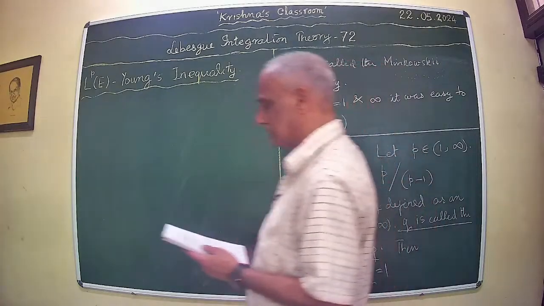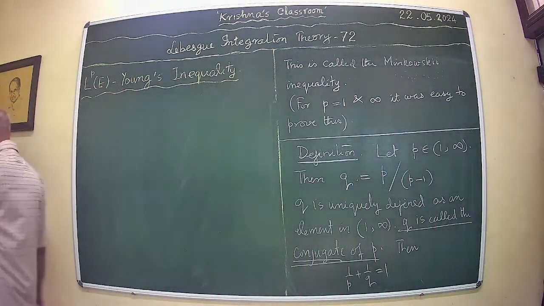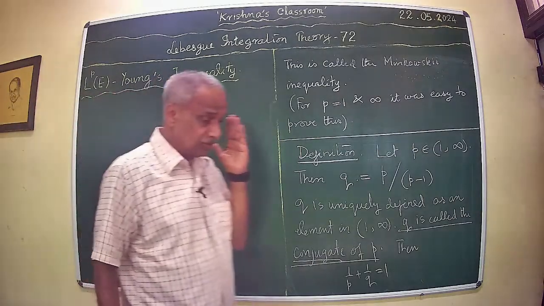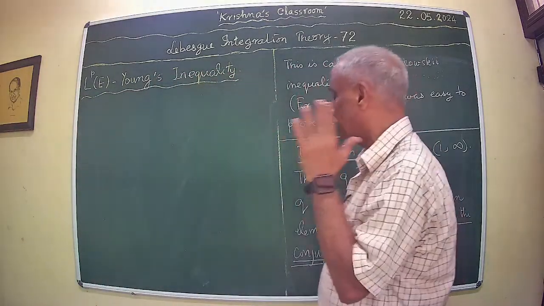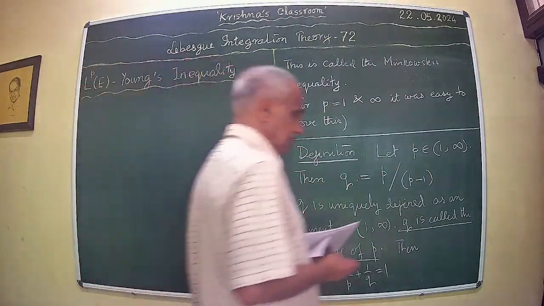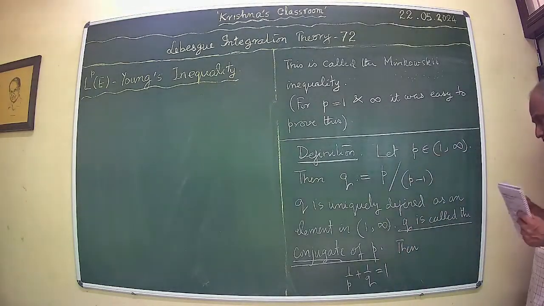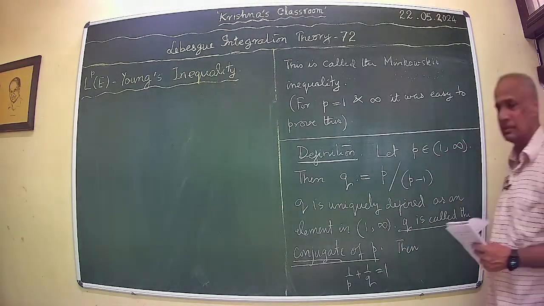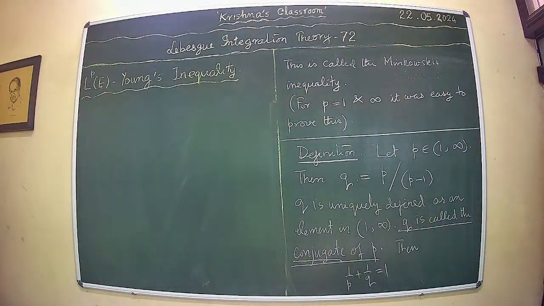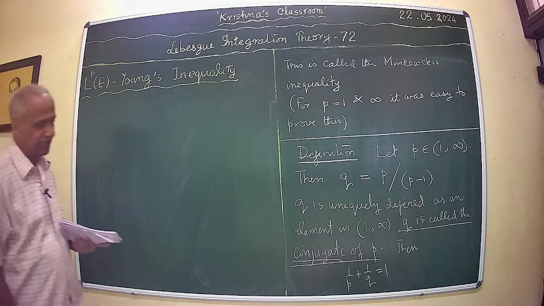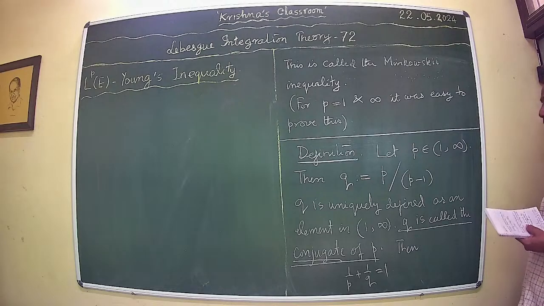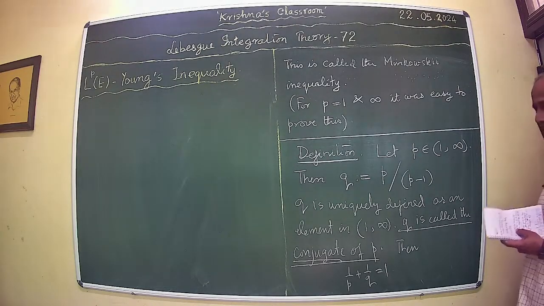Like these LP spaces are very fascinating. Our objective is something different. Our objective is the following. We want to prove that LP is a normed space. Okay, that's our objective, right? And then what we do is we go further and show that it is of course a metric space. Obviously, every normed linear space is a metric space. Not only that, it's a complete normed linear space or a complete metric space.